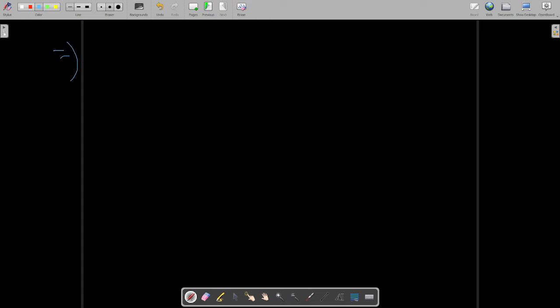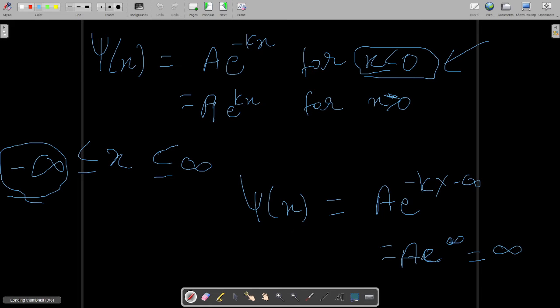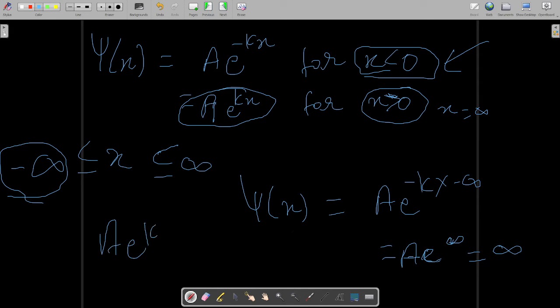So that implies that psi of x, and similarly when you put x equal to infinity, psi comes out to be infinity. You can check, when I put x infinity, I will use this equation. So again it will be a e to the power k into infinity, and that will be equal to infinity.